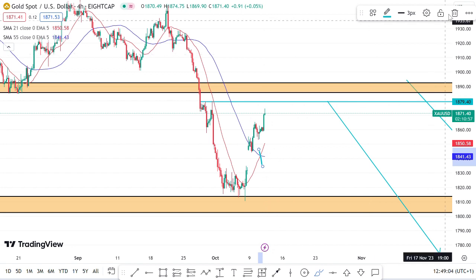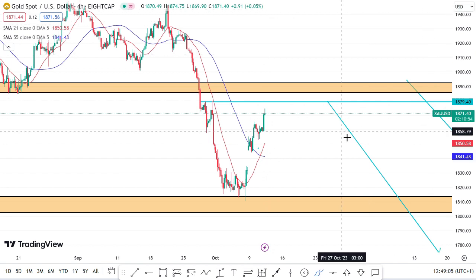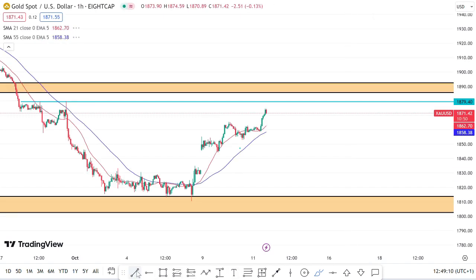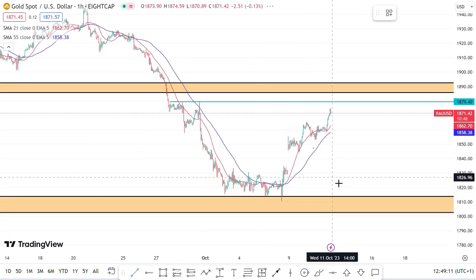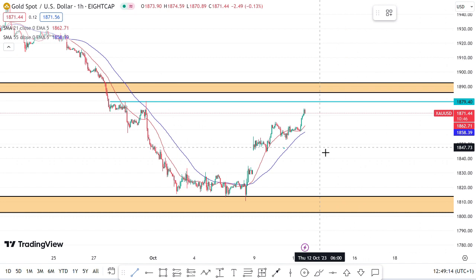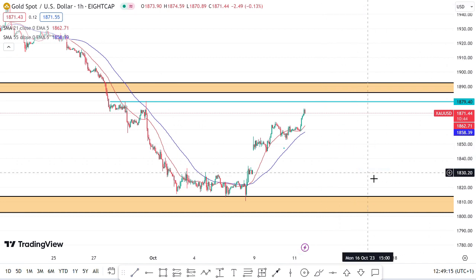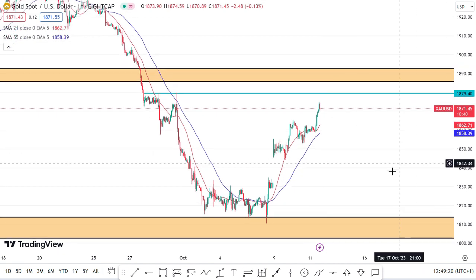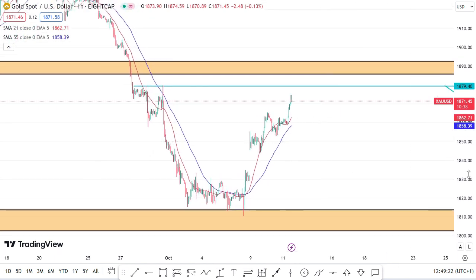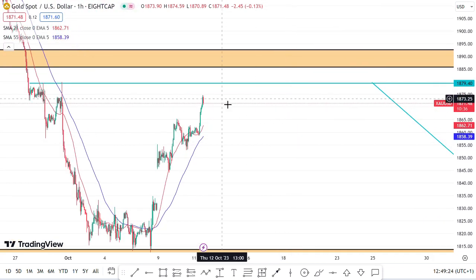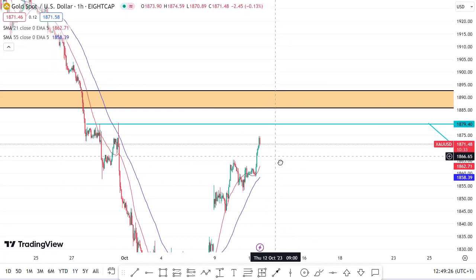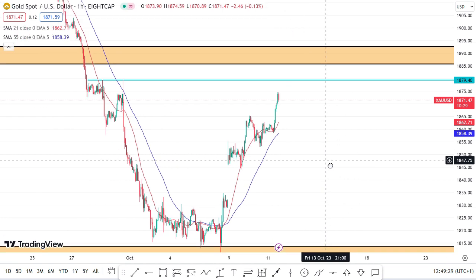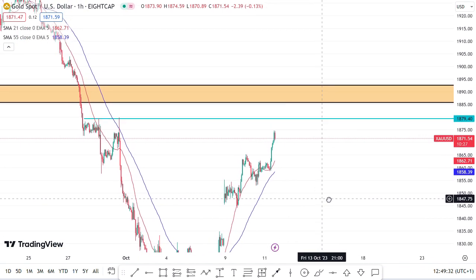So that being said guys, I'll go to the 1-hour time frame. Okay, now I'm on the 1-hour time frame guys. Let's check what's happening here. So notice how I'm anticipating price to react within these levels somewhere here. We are looking for selling opportunities guys.